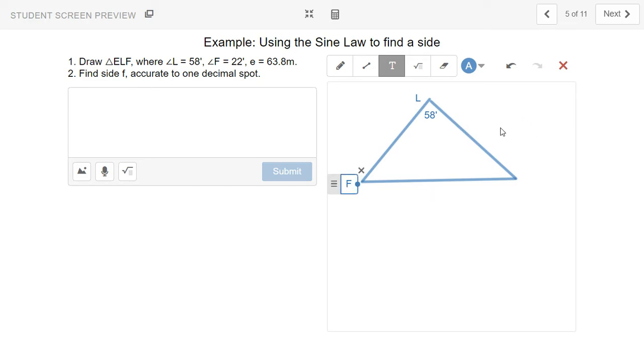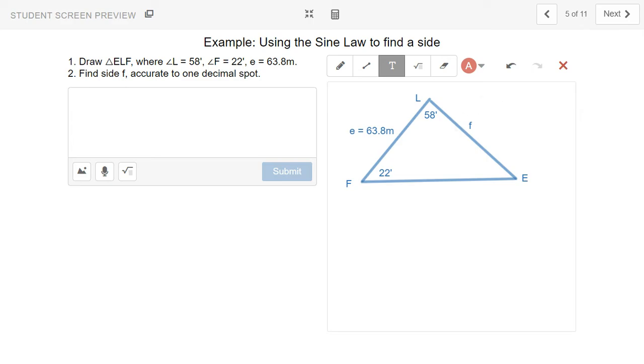We have angle F as 22 degrees. And we have little f here, angle E, and little e. Find side F accurate to one decimal place.